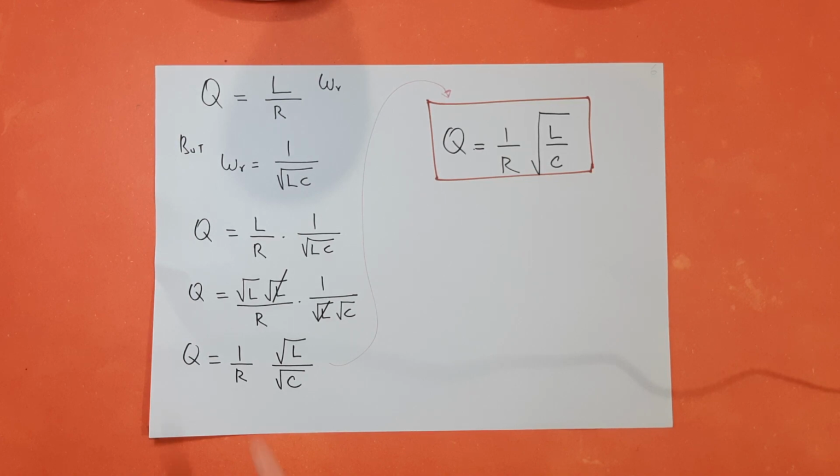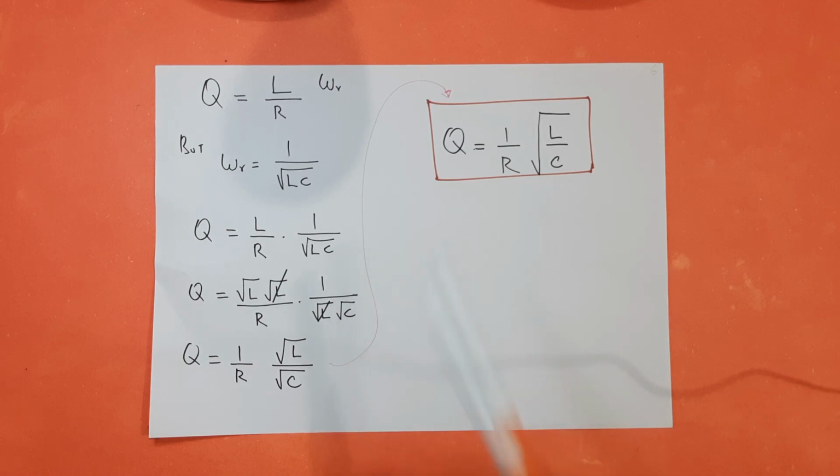Q equal to, you can write square root of L divided by R, 1 divided by square root of L square root of C. So these two things getting cancelled. So we write the remaining things. Q equal to 1 by R square root of L divided by square root of C. So you can combine into a single square root.